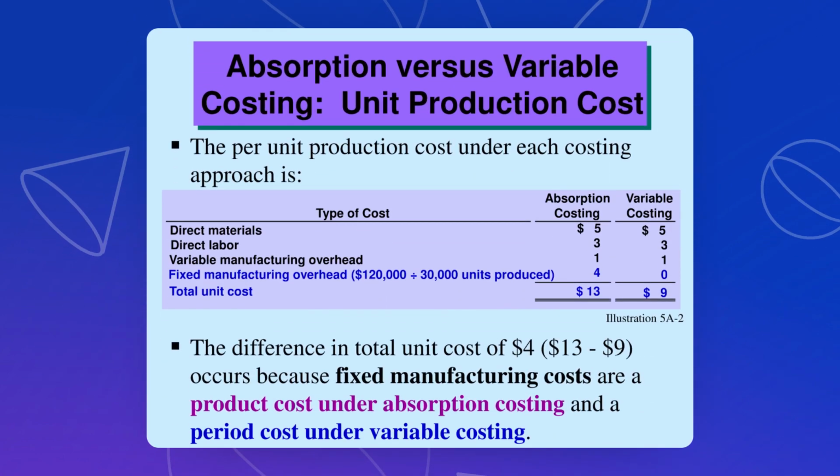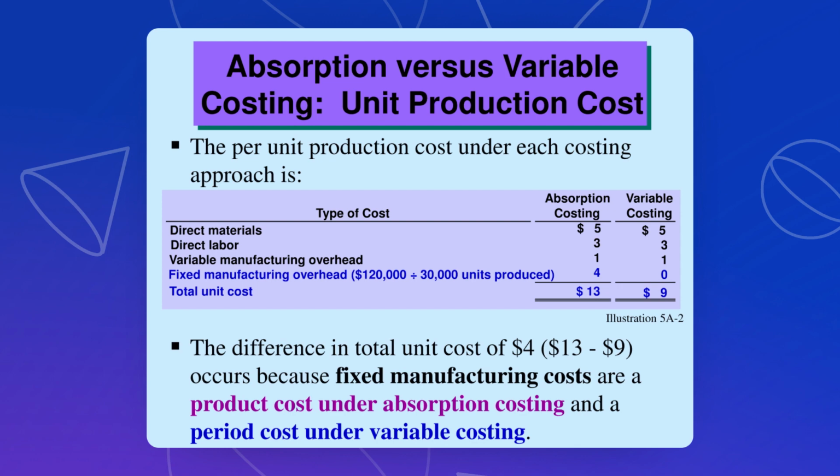Okay. So, in terms of cost per unit production, cost under each costing approach, as you notice, you have your absorption costing and we have your variable costing. Alright, if you notice class, in the absorption costing, your direct materials of 5, direct labor of 3, manufacturing overhead of 1.